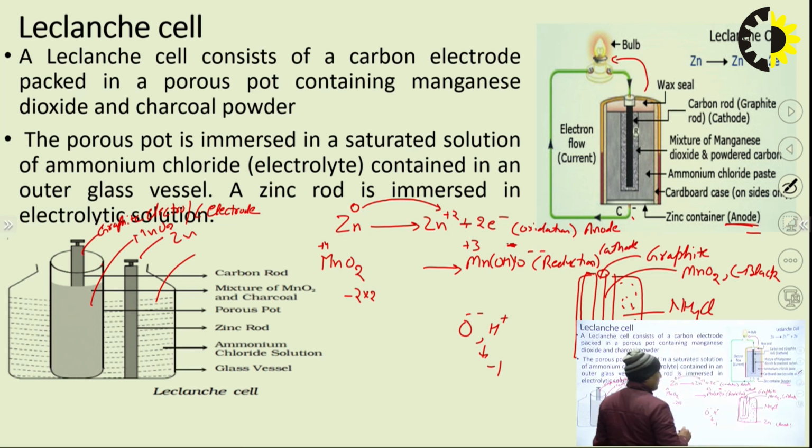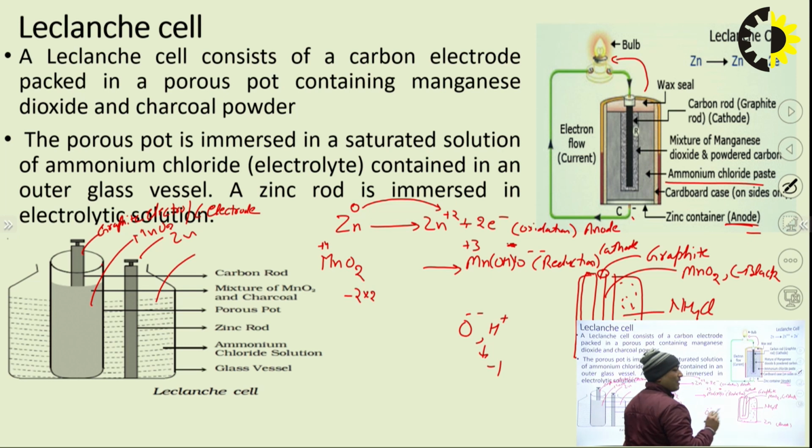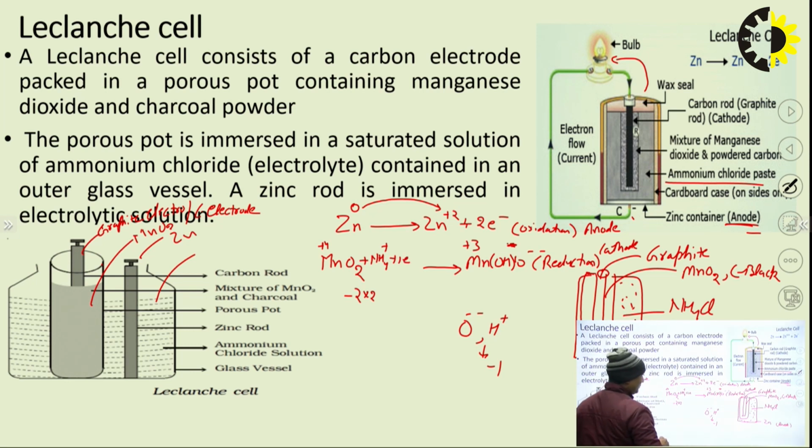But one thing that I would like to add: here no hydrogen atom is present, but the hydrogen atom is present here. So from where do these hydrogen atoms come? This hydrogen comes from the ammonium chloride, which gets dissociated into ammonium ion and chloride ion. So from there we will get ammonium ion and 1 electron.